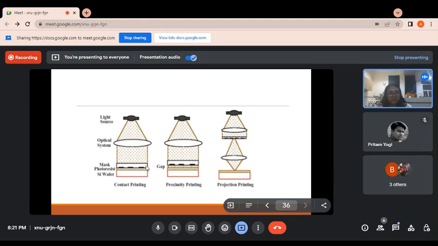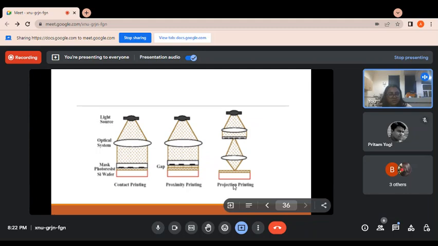That's why if we take some gap between the mask and the photoresist, this type of defect can be reduced. That's why there is a small gap between the photoresist and the mask. This type of printing is called proximity printing.